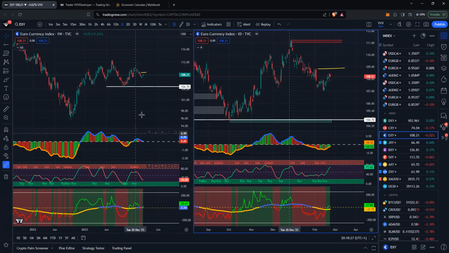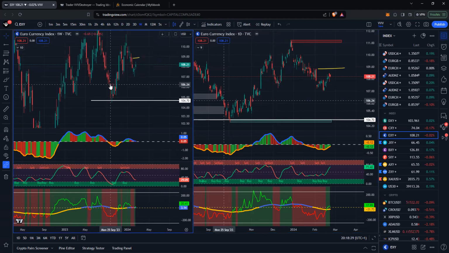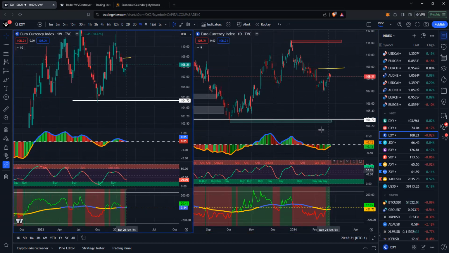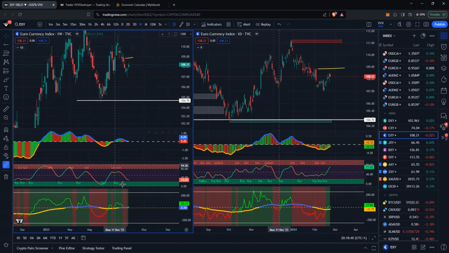The AXY is pointing to the upside, and here I made a possible divergence, but it's just not looking right. Okay. This is bouncing, which is not a good sign, and that's why I'm saying the XY, and for example the XY, are showing a whole different picture, which I don't like.